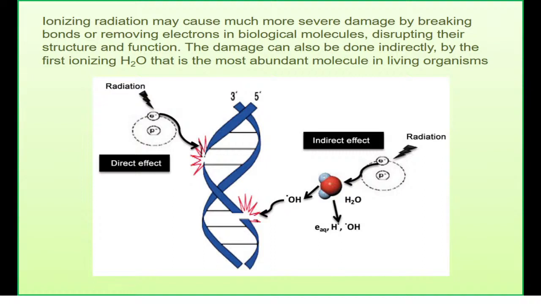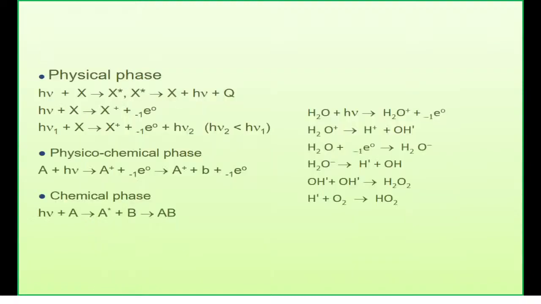The damage can also be done indirectly by first ionizing water, the most abundant molecule in living organisms. Look what may happen because of that indirect effect of radiation, the radiolysis of the water.